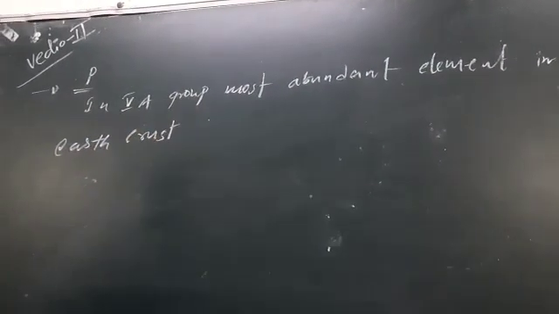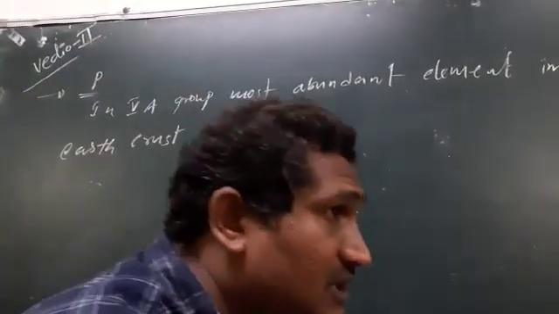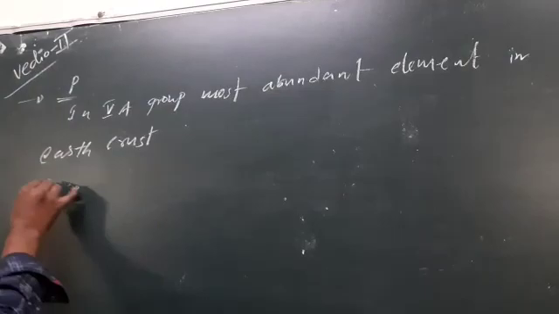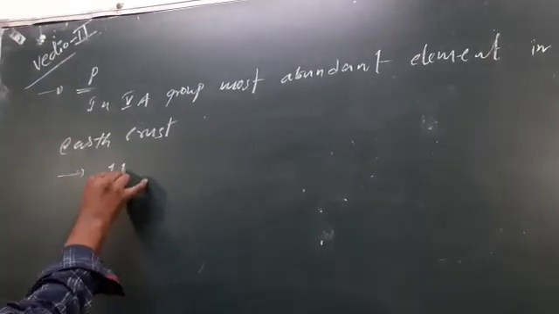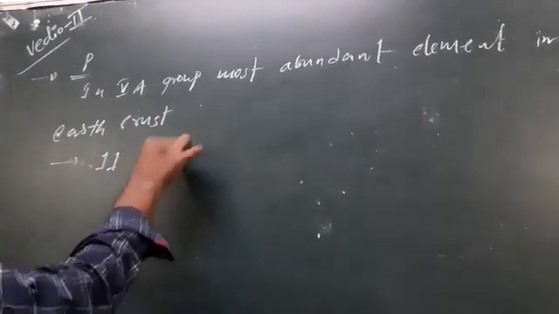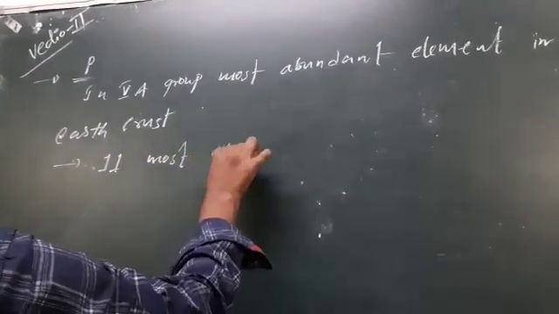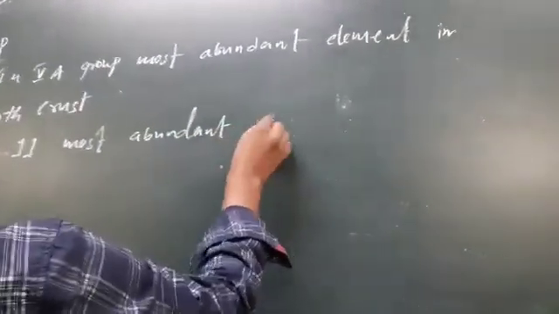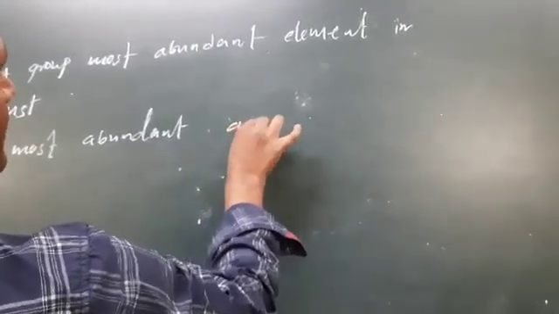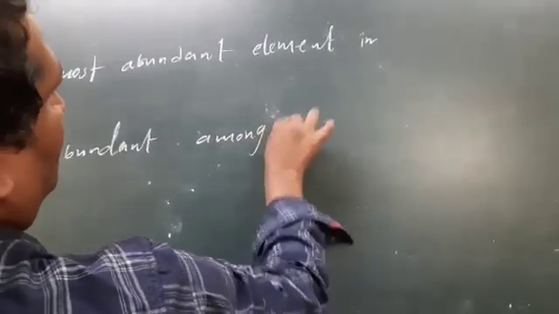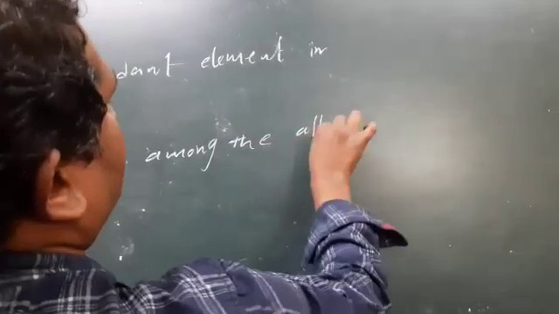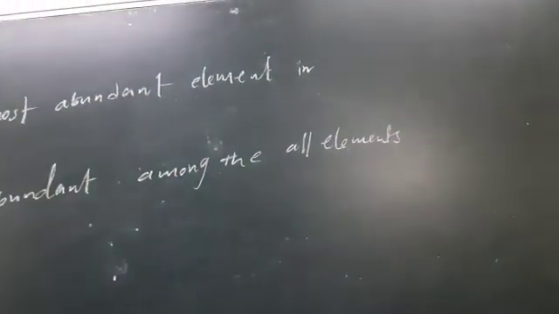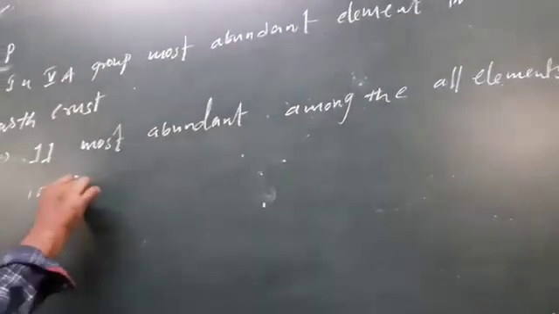And also, among all elements, phosphorus is the 11th most abundant in the earth's crust.